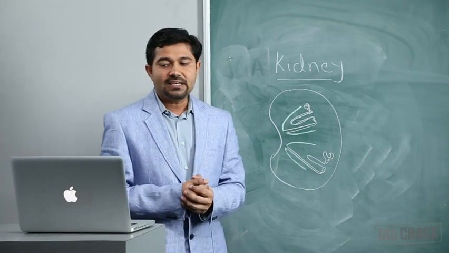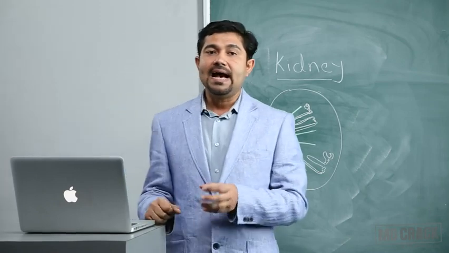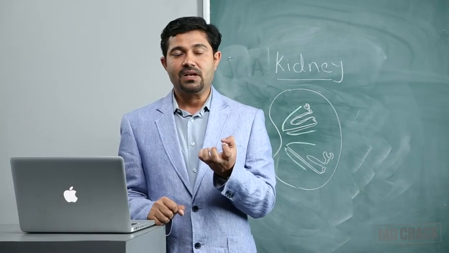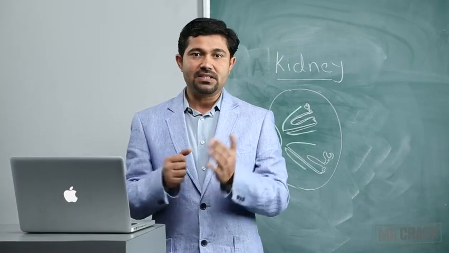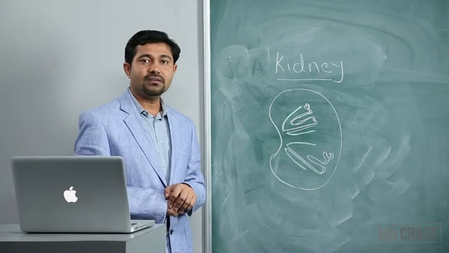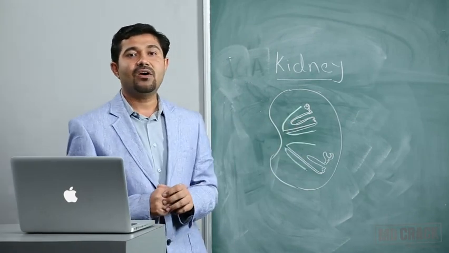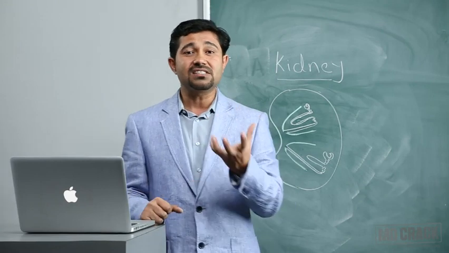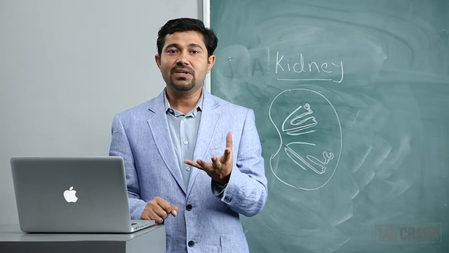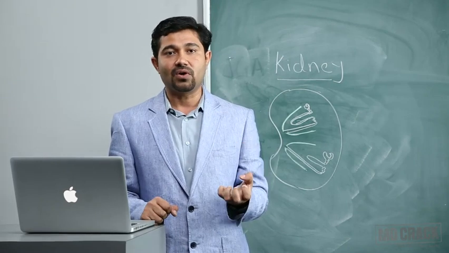Later on we will see that the loop of Henle has the function of concentrating the urine. So if you remember this, what can be the function of the juxtamedullary nephron? Juxtamedullary nephrons are specialized in concentrating the urine. That means they will excrete urine with less water in it.